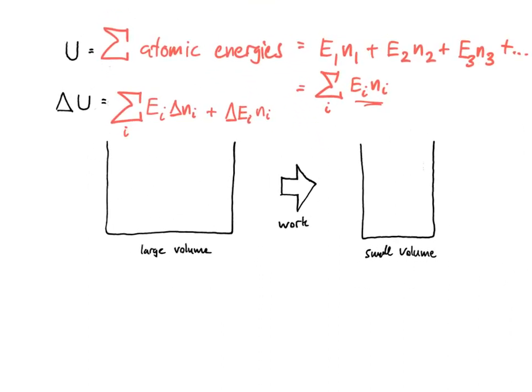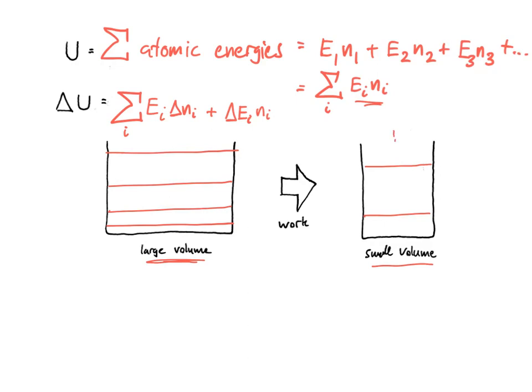So what does this mean for a system that is changing in size? If I've got a system that's going from a larger volume to a smaller volume, then the larger volume system is going to have a series of energy levels, just like I drew above. But quantum mechanics tells us, like if you do a particle in a box problem, that as you decrease the volume of the system, those levels are actually going to spread out, and there's going to be more of them higher up. So the height of the energy levels is changing when I change the volume of that system.